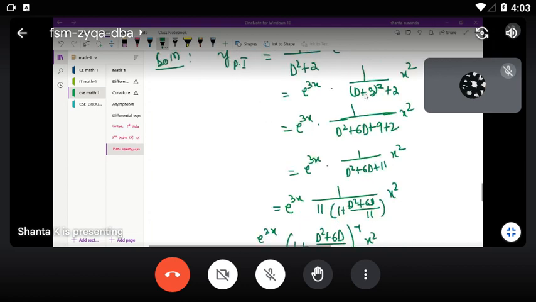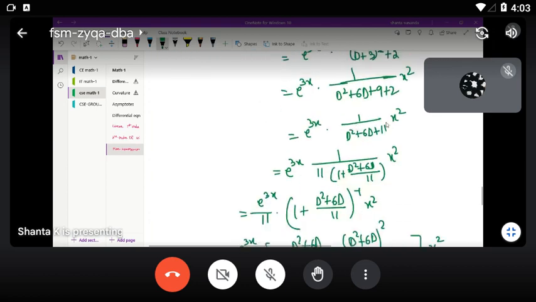Now d plus 3 square, you open it, you see. So how will you operate? It's the inverse operator. We only know how to do it with 1 by d, then we do the integral. We don't know how to do others. So whenever you have these things in the denominator, the only thing we can use is the binomial expansion. If it is of the form 1 minus x or 1 plus x power minus 1, then you can do it.